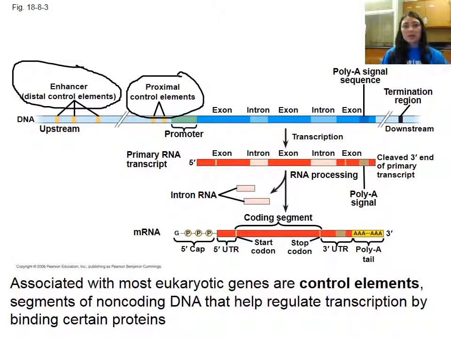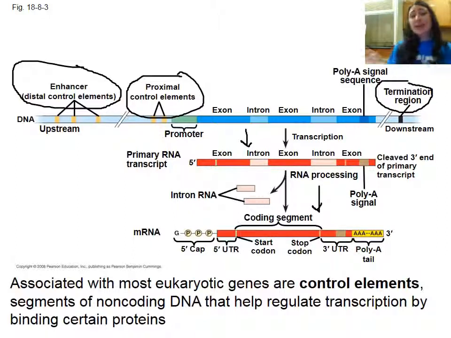And then they say, okay, come in, bind, do your transcription, make your protein product, which we can see through our primary mRNA transcript, as well as our already processed section of mRNA. It has a poly A tail and the 5' cap. You also have termination regions, which are downstream, so past your gene of interest, that say, okay, stop transcribing. We're at the very end, and they help the RNA polymerase to cleave or to terminate transcription.